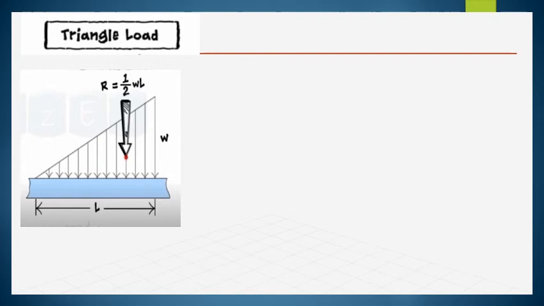As we calculated in case of the rectangle load, total intensity or the resultant is nothing but the area of the rectangle. Here also same thing, total intensity or the resultant is nothing but the area of the triangle, that is half into intensity W, other end is 0, so half into W into L gives the total intensity of the triangle.